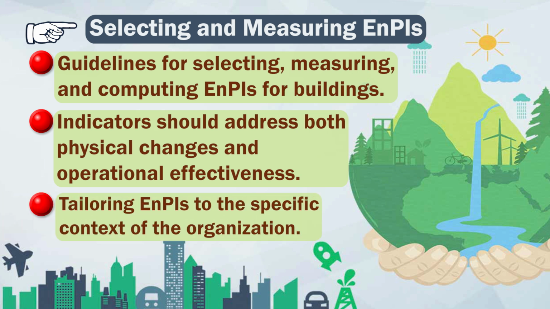These indicators should be tailored to the specific context of the organization and reflect the full range of issues that energy managers must address. A comprehensive approach ensures that we capture all relevant aspects of energy performance.